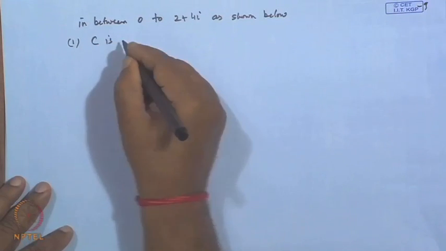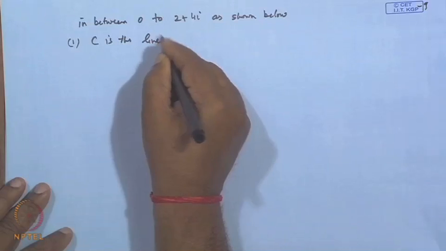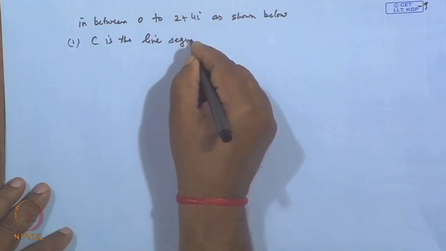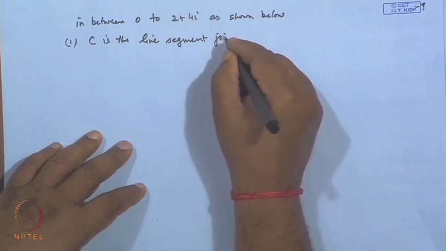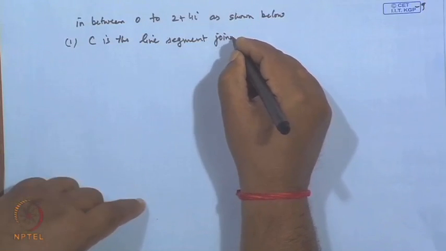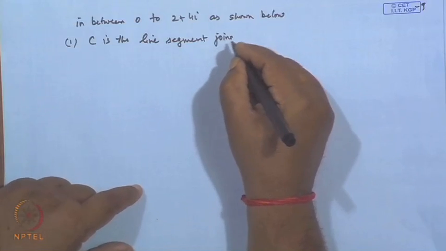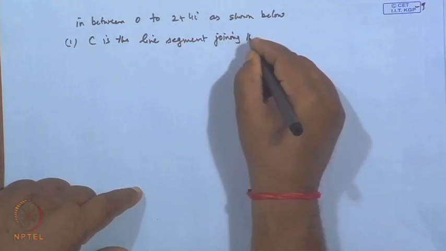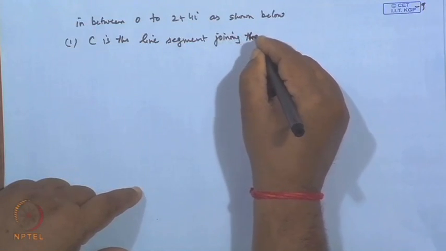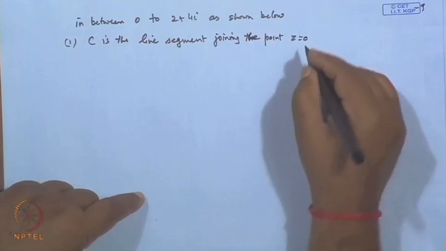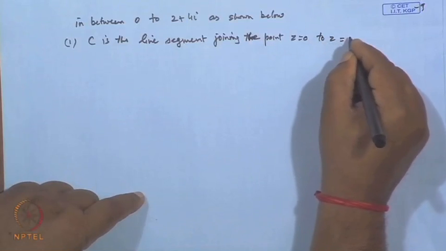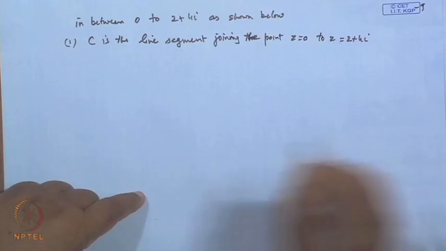The first case: C is the line segment joining the point z equal to 0 to z equal to 2 plus 4i.